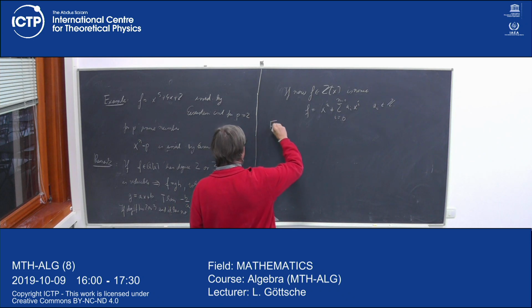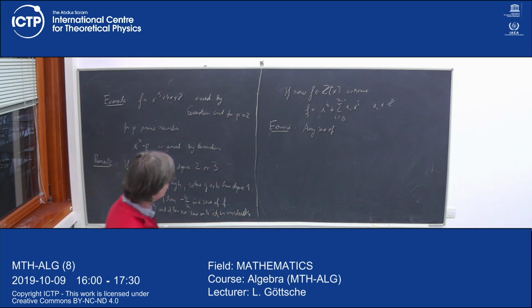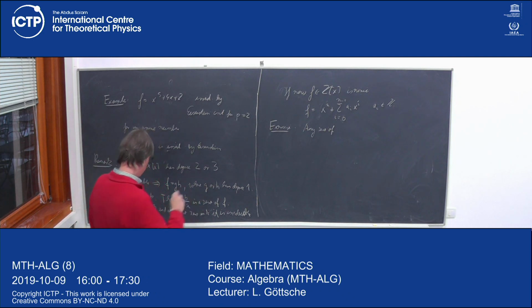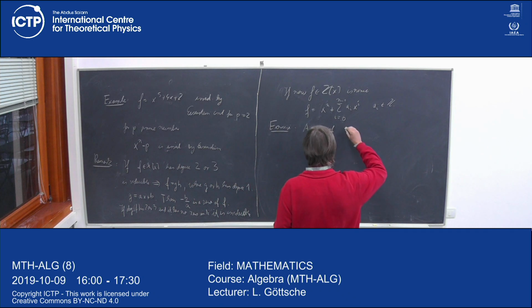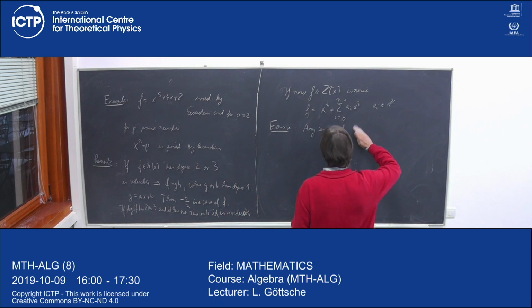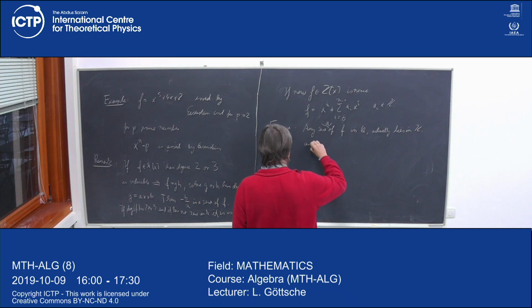Then we have the exercise: any 0 of f, and actually this is not Q[x], it's just any field, must lie in Z, and if we call the 0 b, then b divides a0.